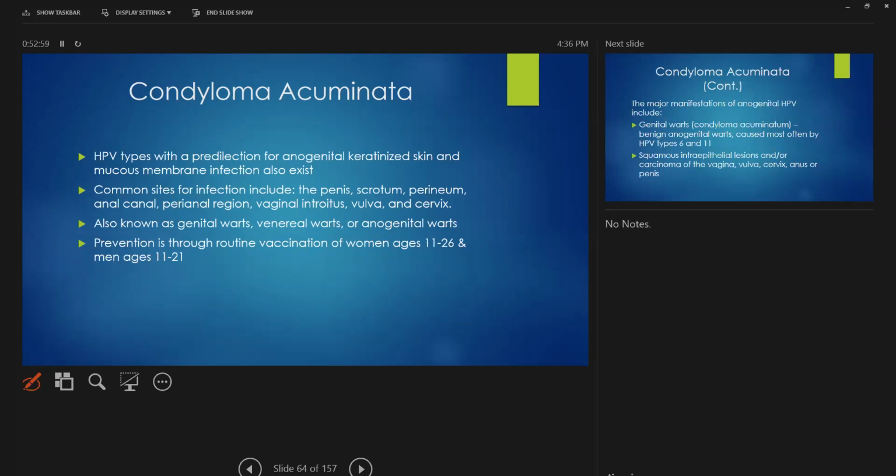Common sites of infection include the penis, scrotum, perineum, anal canal, perianal region, vaginal introitus, the vulva, and the cervix. Also known as genital warts, venereal warts, or anogenital warts. Prevention is through routine vaccination in women ages 11 to 26 and men ages 11 to 21.